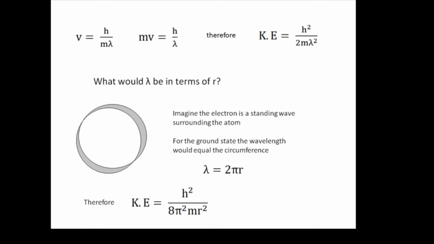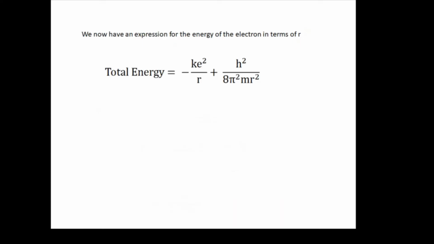Substitute in the equation above, and we've got the kinetic energy in terms of the radius: h squared over 8 pi squared m r squared. Let's go back to our expression for the total energy, and now we have the total energy in terms of the radius. What I'd like to know is at what value of r is that expression a minimum?